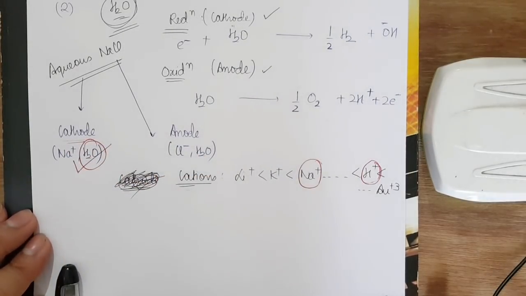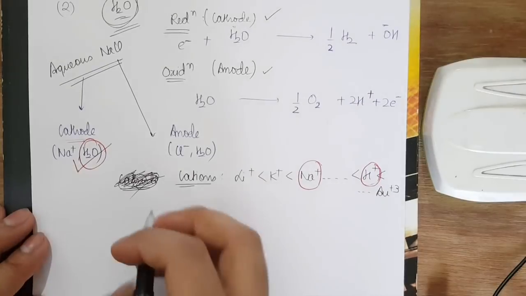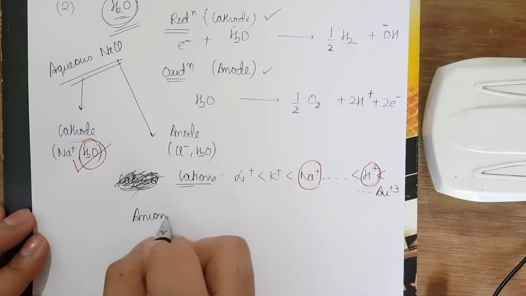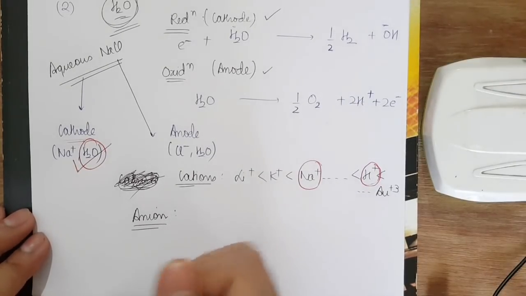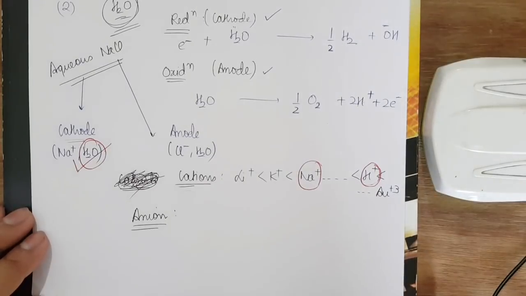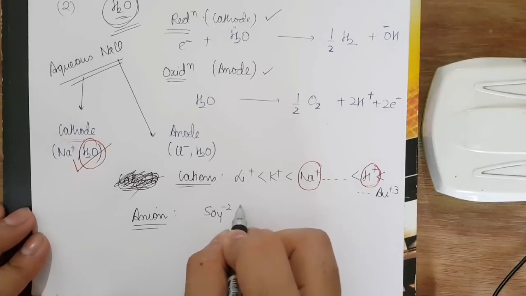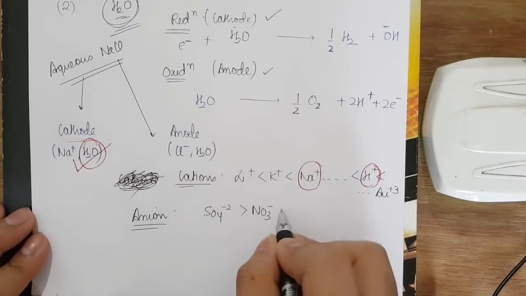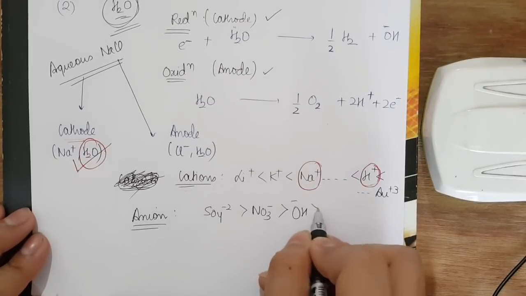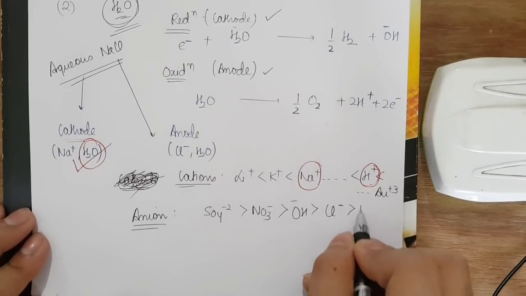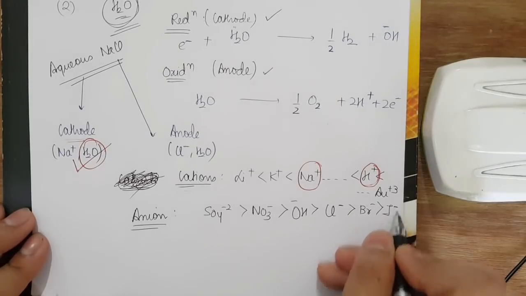Similarly, at the anion position, we have the rate of deposition order as SO4 minus 2 is greater than NO3 minus 1 is greater than OH minus 1 is greater than Cl minus is greater than Br minus is greater than I minus.